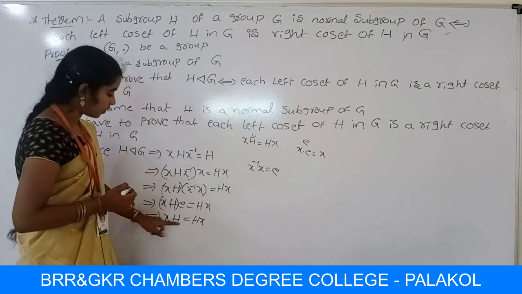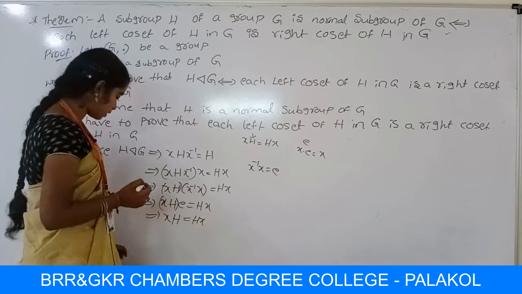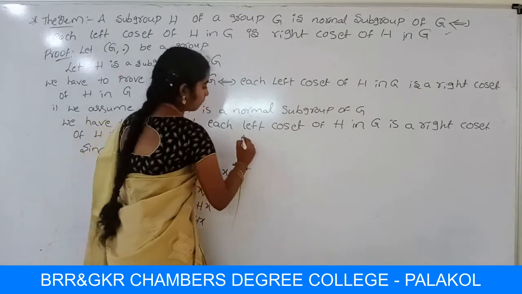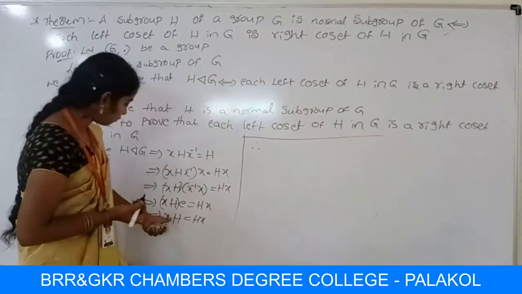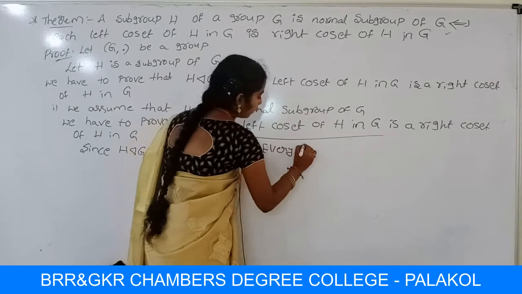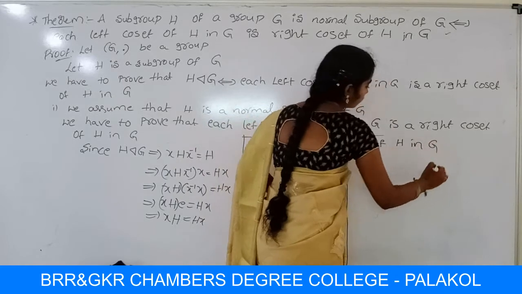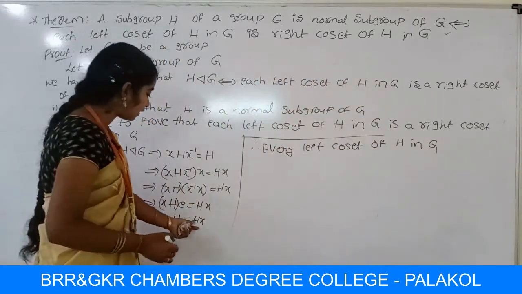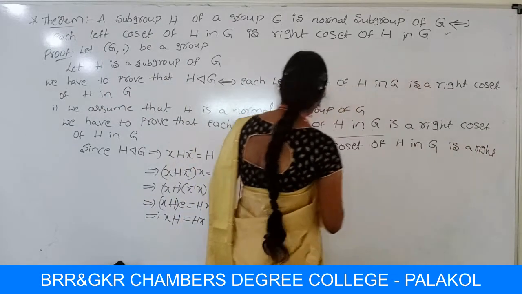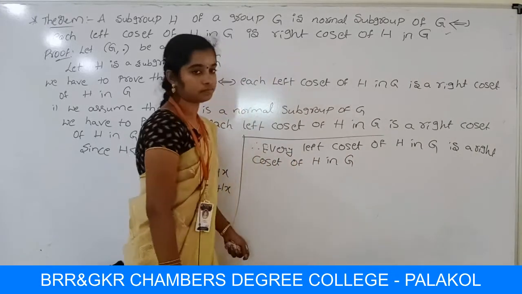So therefore every left coset of H in Z is a right coset of H in Z.